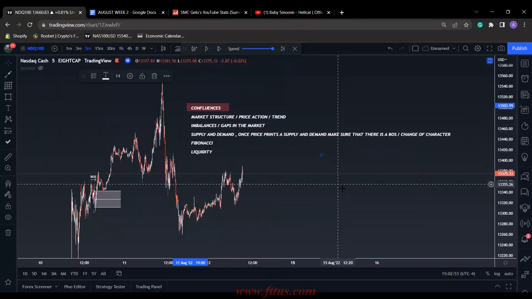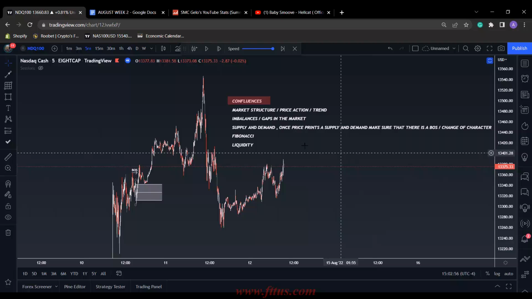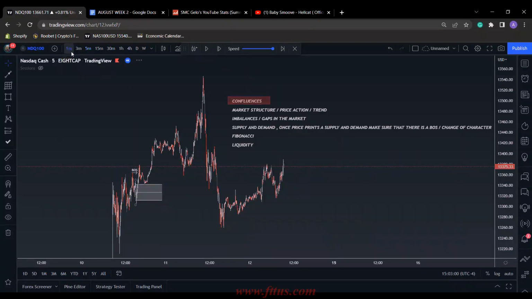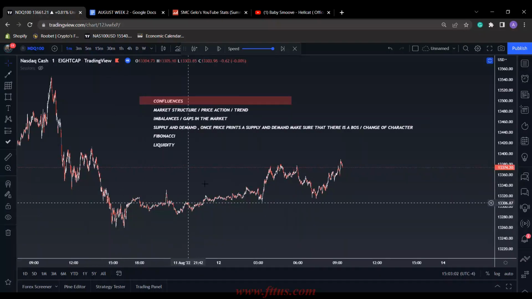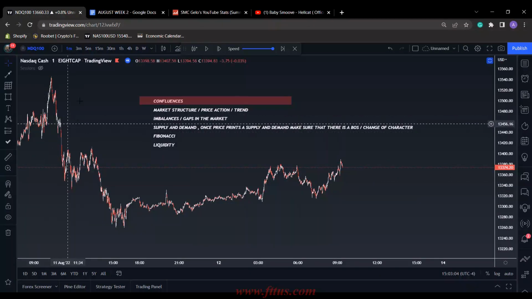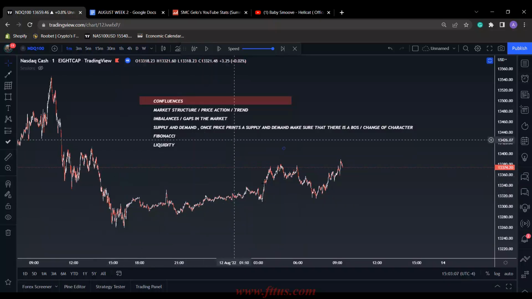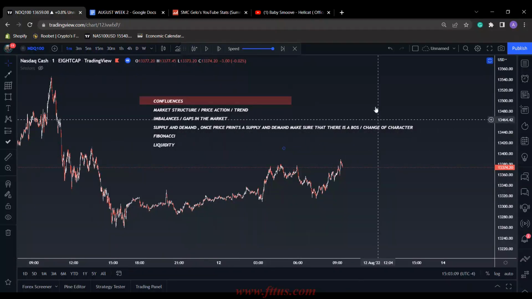You don't want to go against trend unless you're scalping and trading it into a higher time frame level. Like say you're on the 1 minute and you wanted to trade into say this demand zone, you can buy up back into it, but once it reaches this point, take your sells.